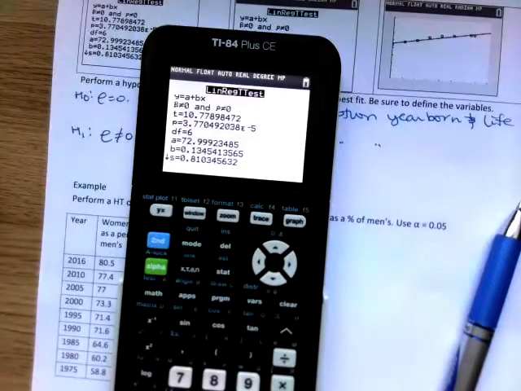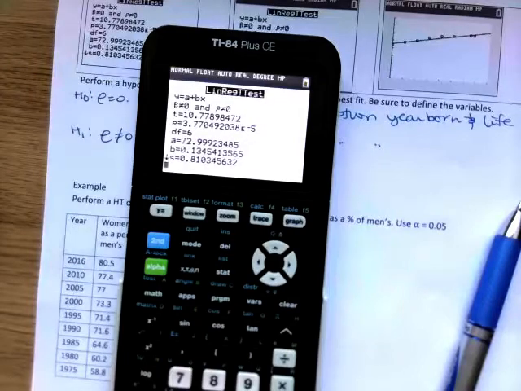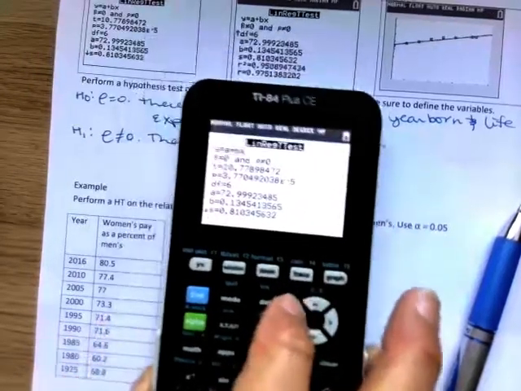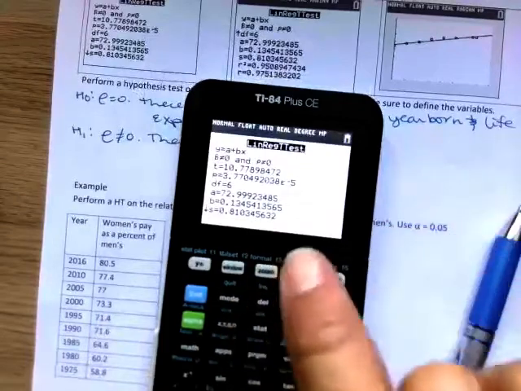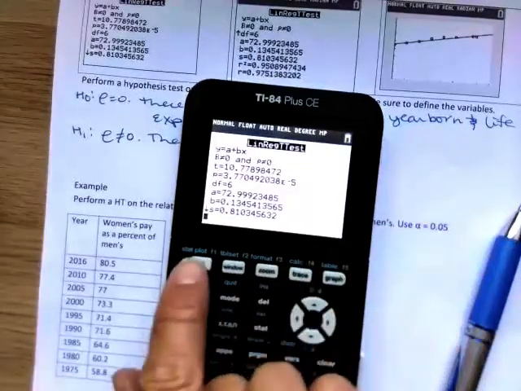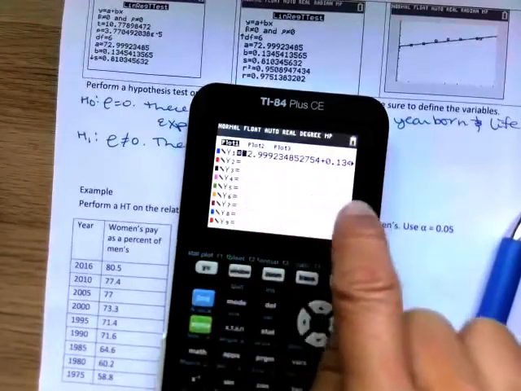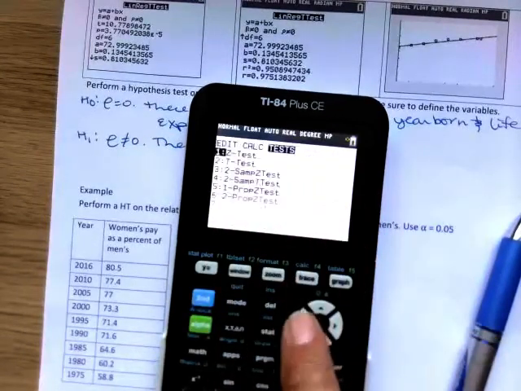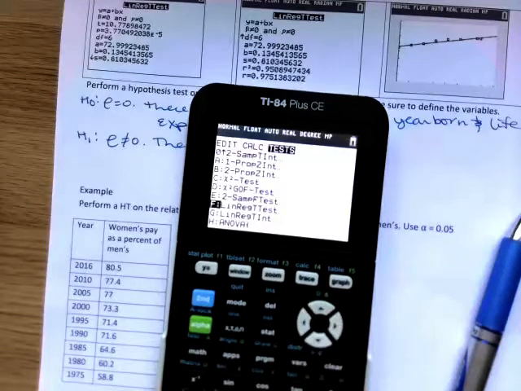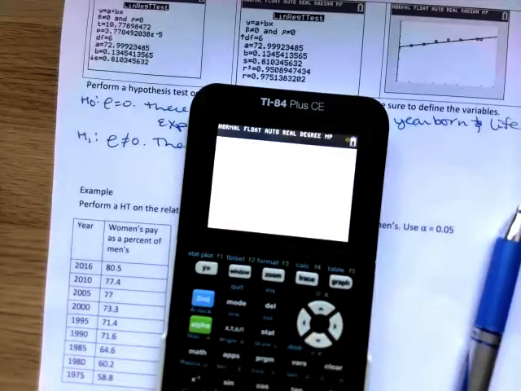Oh, I guess that was too fast. Sorry. Doing that VARS Y-VARS, what it did is it took that information and plugged it in. I'm going to show you, go back to your Y= screen. It put that equation of the line here. I'm going to go back: STAT, TEST, linear regression t-test, and so on.